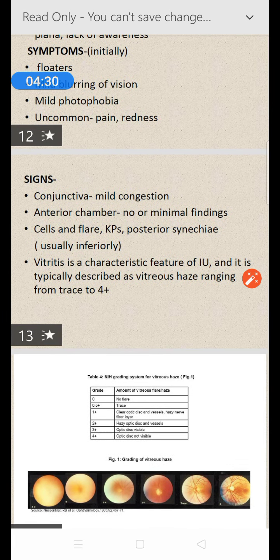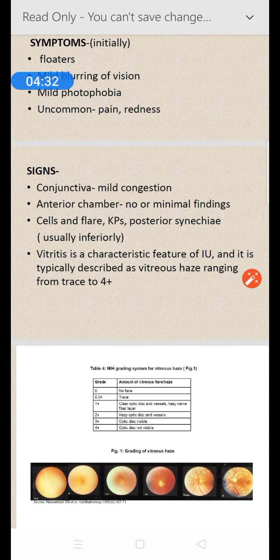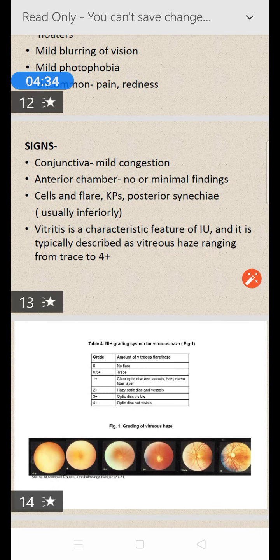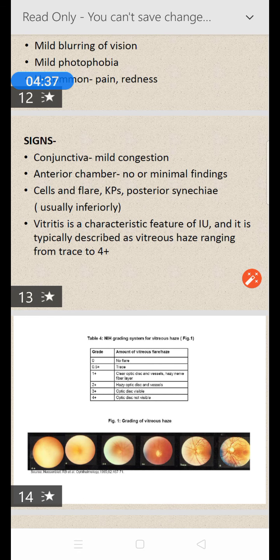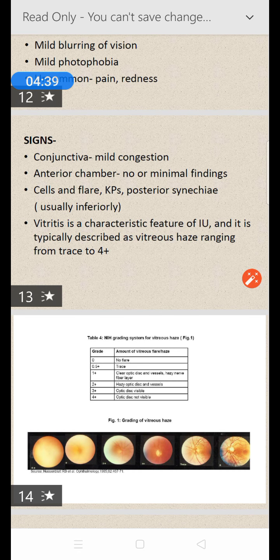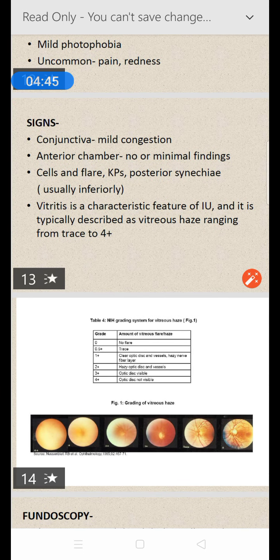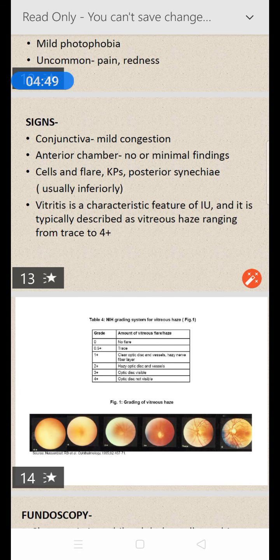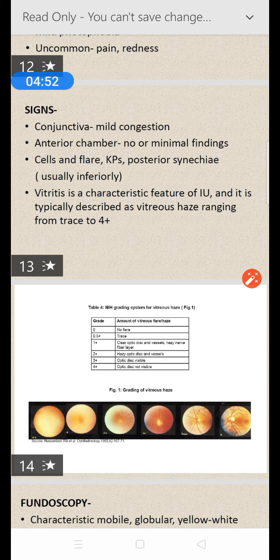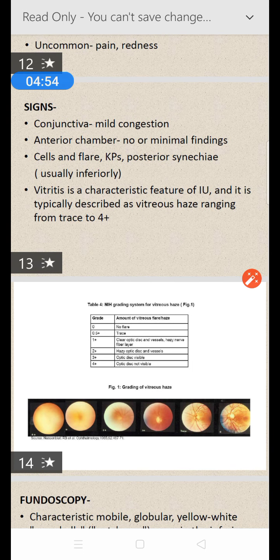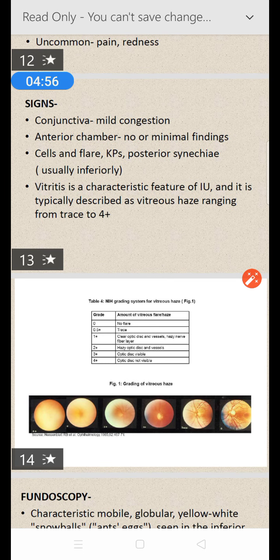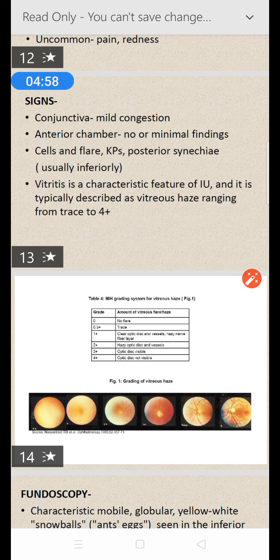Coming to the signs, most of the time the eye looks quiet. Still, to some extent, you can elicit mild congestion. In the anterior chamber, there may be no or minimal findings. To some extent, inferiorly, you can elicit some cells, flare, and fine KPs, or depending upon the etiology, you can find other KPs also, and posterior synechiae.